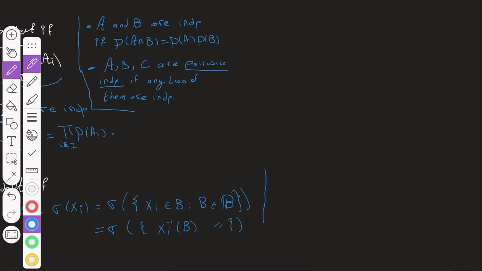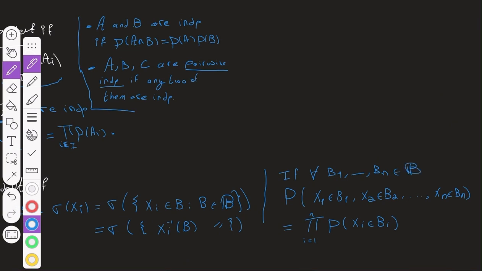We say that x1 through xn are independent if the probability of {x1 in b1, x2 in b2, ..., xn in bn} is equal to the product of the probabilities of {xi in bi}, as i ranges from 1 to n, and we want this to happen for any list of Borel sets.